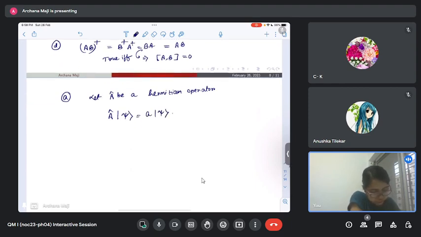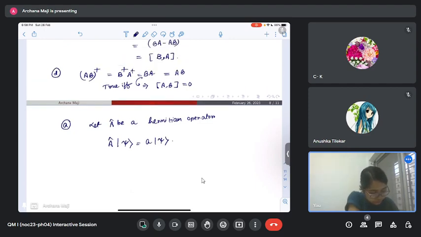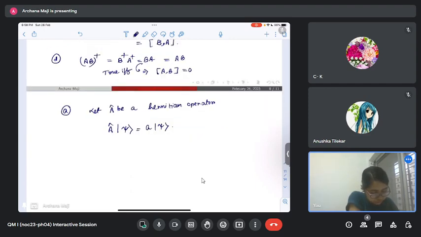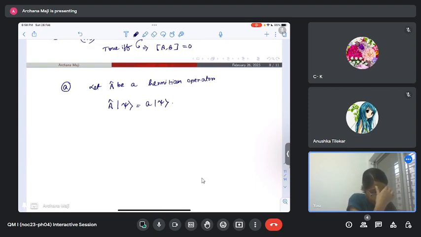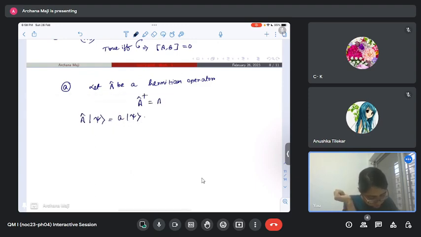Okay, so this is an eigenvalue equation, and we need to show that a is real if A is Hermitian, which means A cap dagger is A cap.